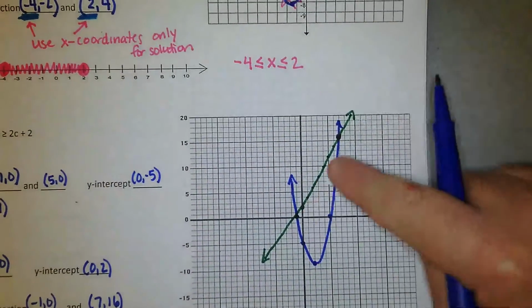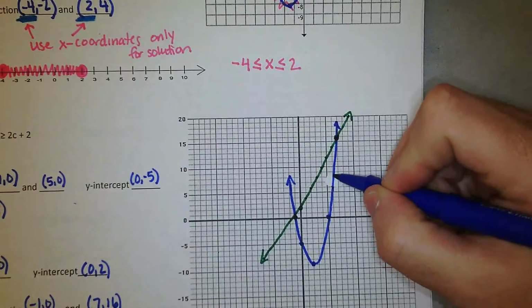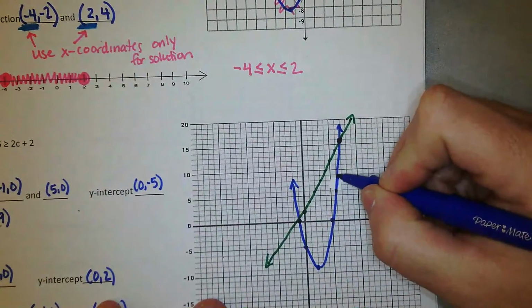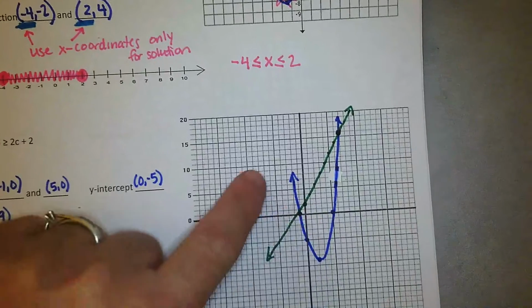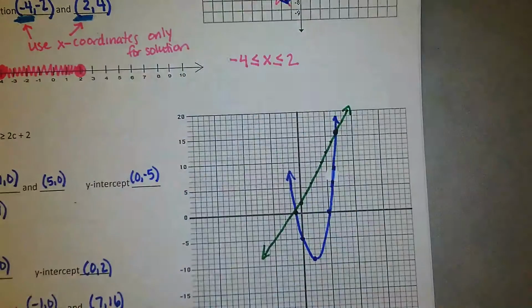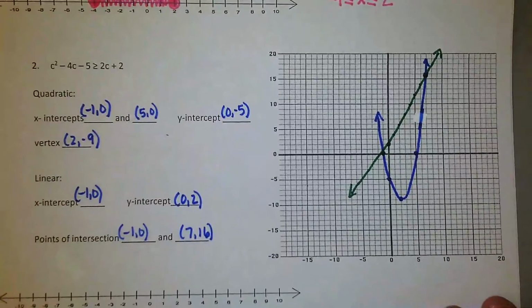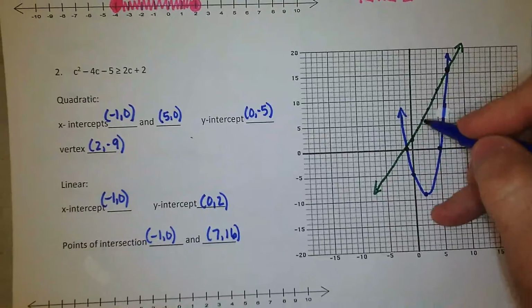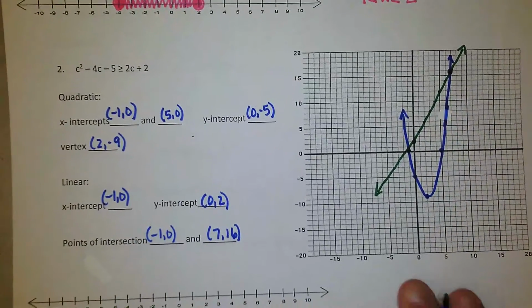Okay, so you want to make sure that you have the quadratic extending all the way up with the line. Okay, so that's like a common mistake, and it happens just because we don't know where the line is going to hit. So that's why we write the points of intersection down.